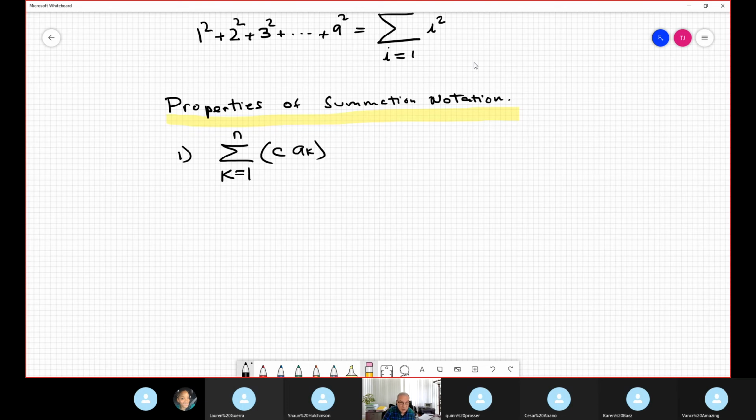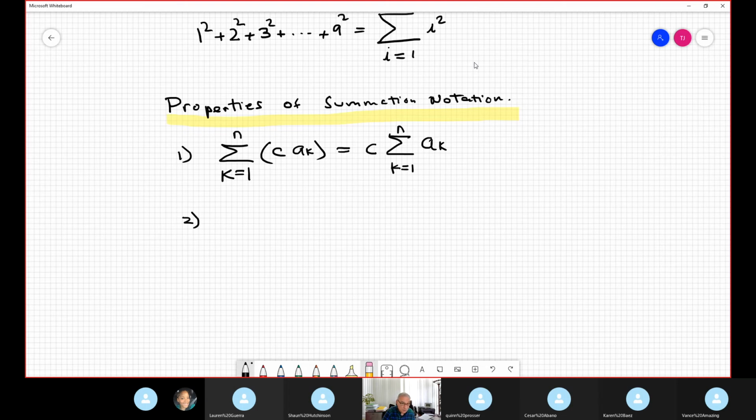This is not constant, it's a variable, depending on k. You can put the constant outside. This is logical because it's a multiplication, and multiplication is the operation of adding the same number. So you can apply that property: the constant that doesn't change with k, you put outside the summation to simplify the thing.